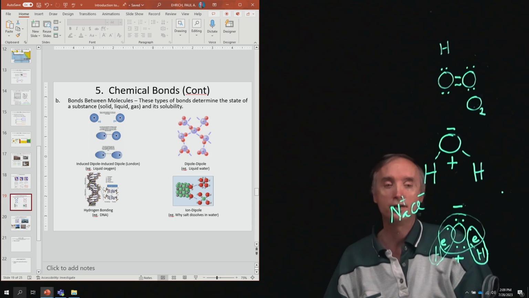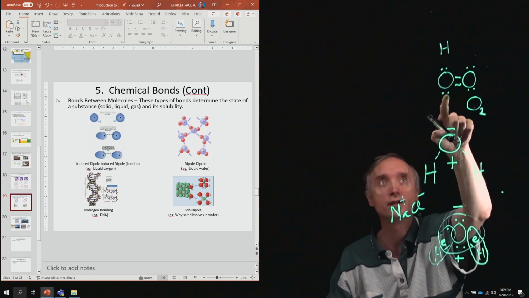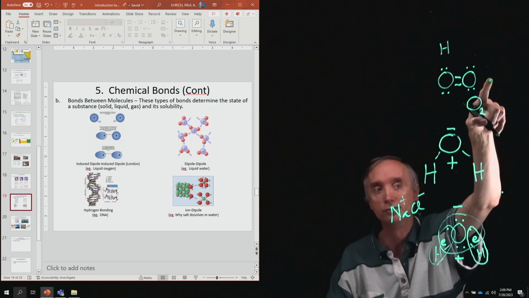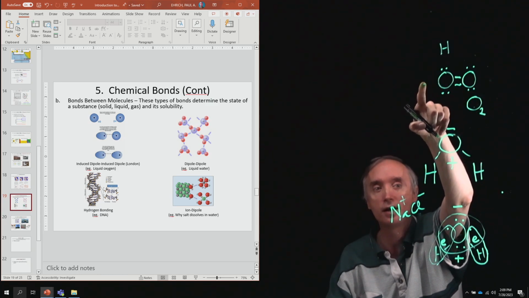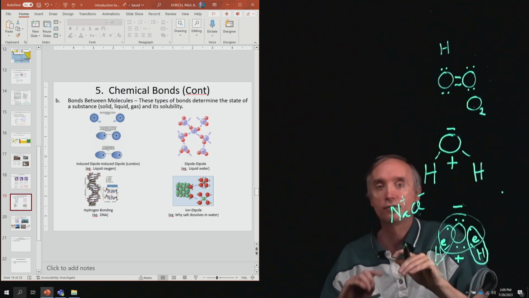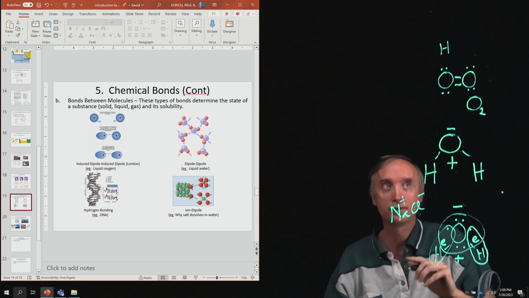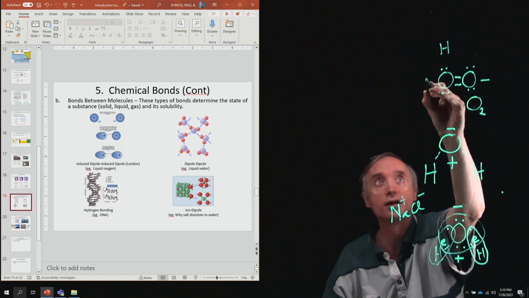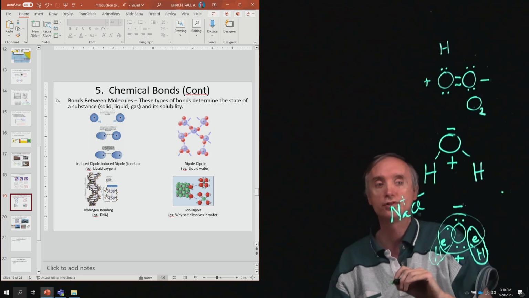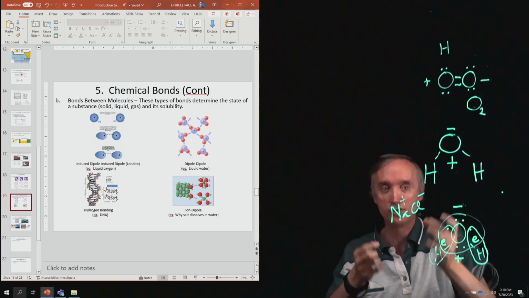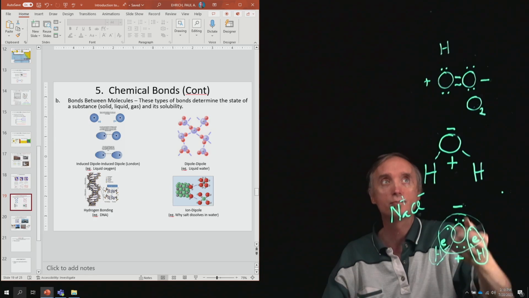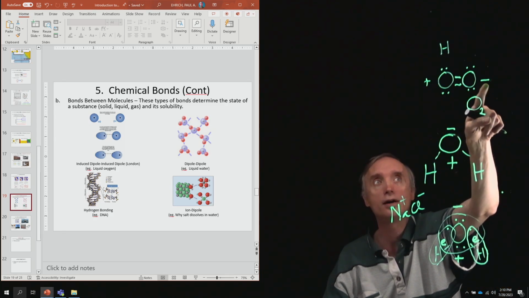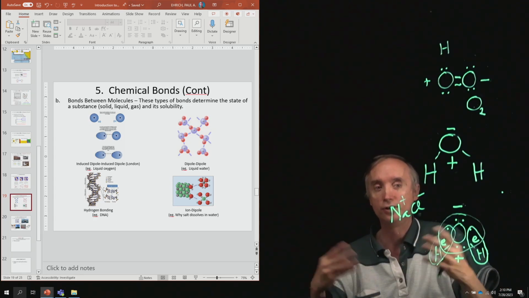But the thing about it is that sometimes the electrons spend more time on this side of the molecule than they do on this side over here. So that means that for a split second, this side of the molecule could be negative, and then this side could be positive. Just for a split second, and then it goes neutral, and then maybe for another split second, it could be negative on this side, and it could be positive on that side. Who cares?